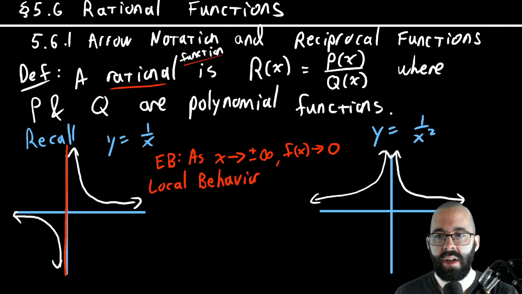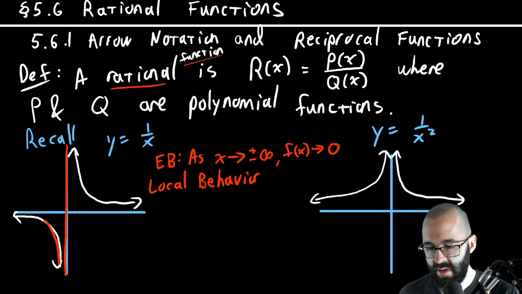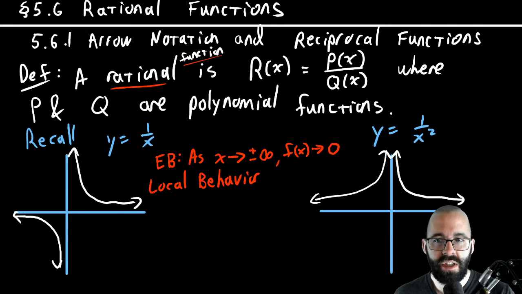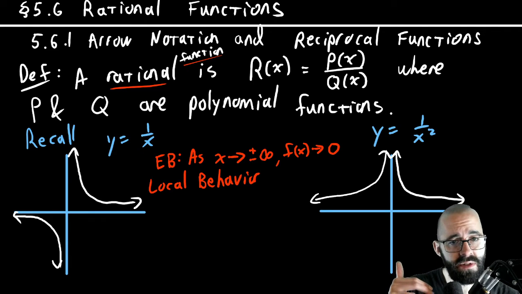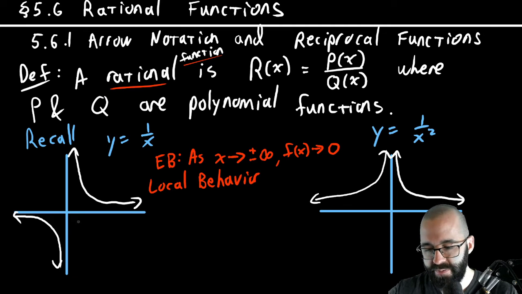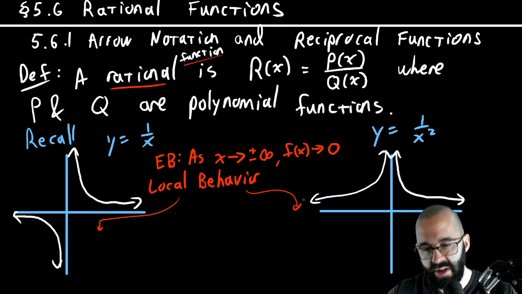Well, if we approach the vertical asymptote from the left, we're shooting down to negative infinity. If we approach the vertical asymptote from the right, we're shooting up to positive infinity. So this vertical asymptote depends on, are we approaching x equals 0 from the left or from the right? So we need notation for that.